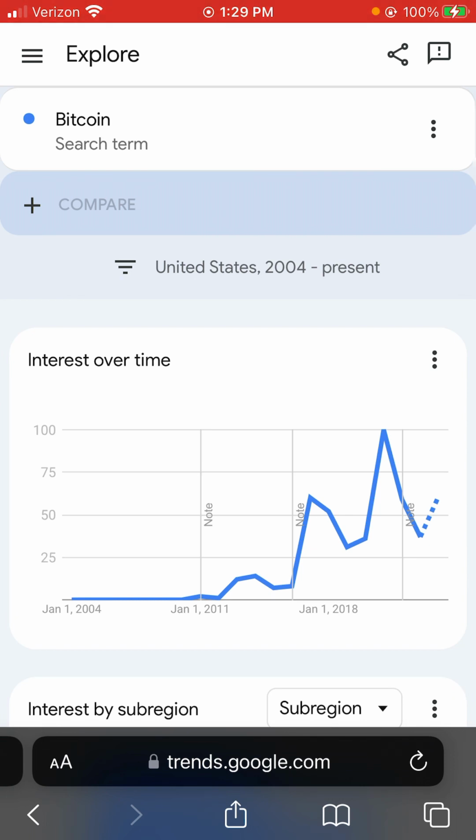Is there anything else? Let's start with the, what was it, like the 2017 or so, bear market. Well, that's obviously a little bit different.